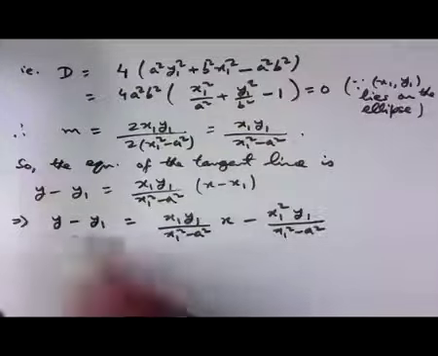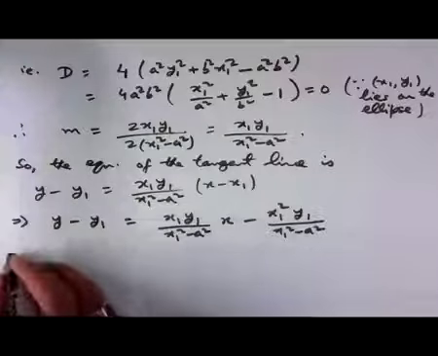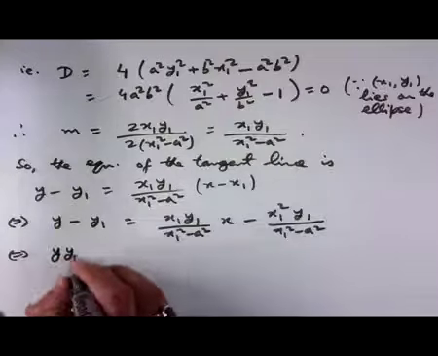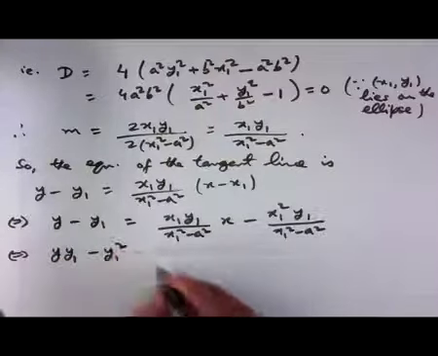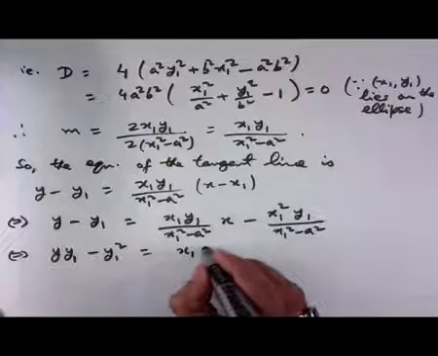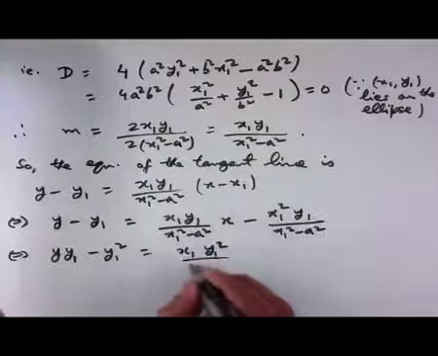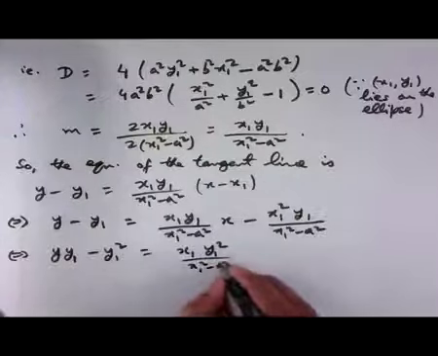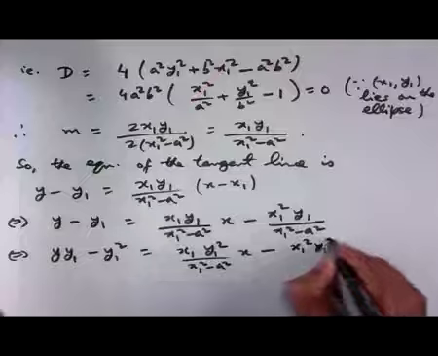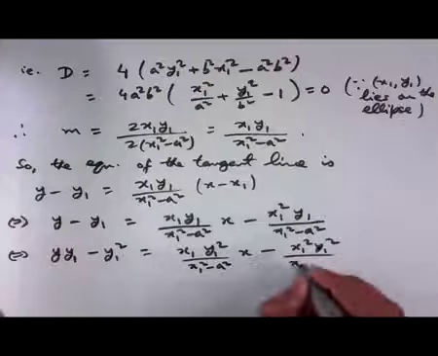So, if we multiply this equation by y1, we get y1 minus y1 square equal to x1 times y1 square by (x1 square minus a square) times x, minus x1 square y1 square by (x1 square minus a square).